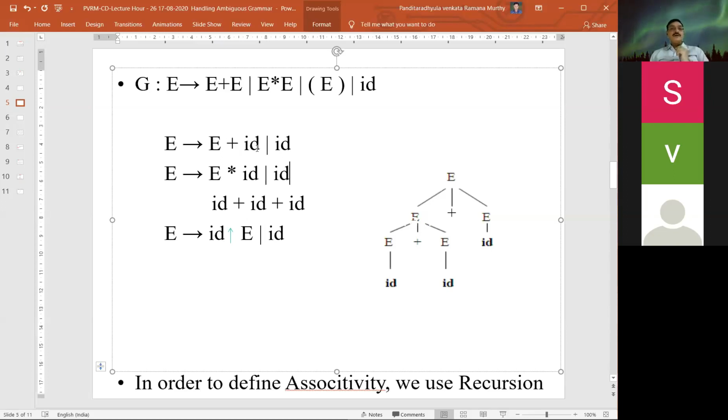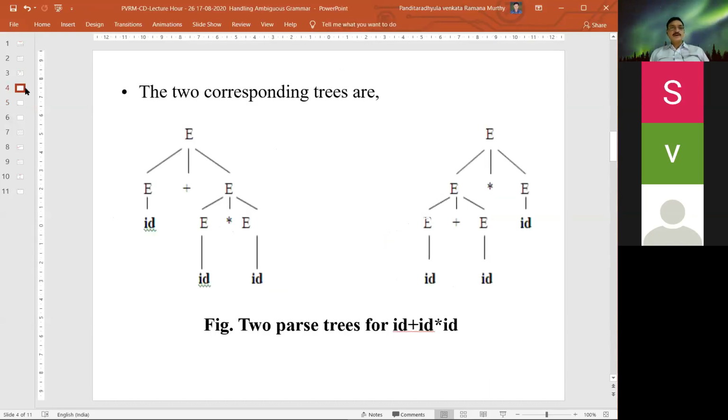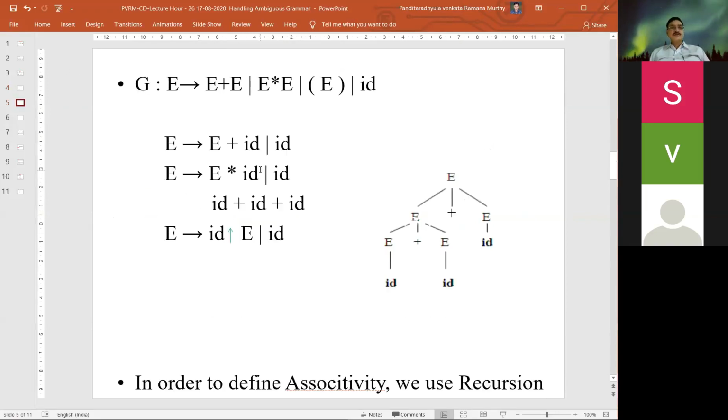So here there is no chance of replacing the second E. There is no chance of going towards the right direction. The thing is, if you are having two signs of the same type, it is always going towards left only. Clear?